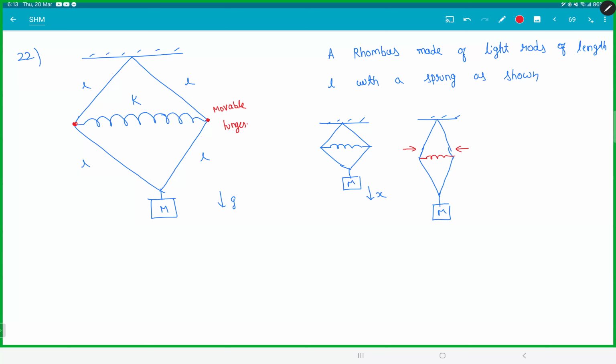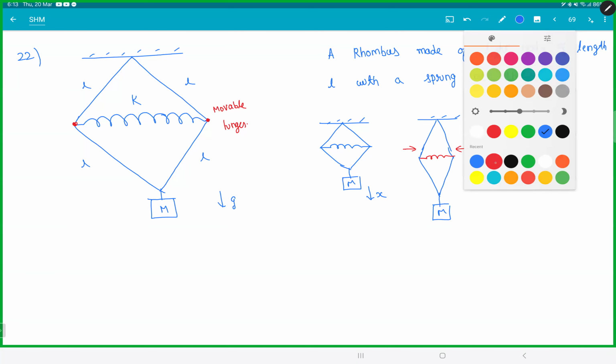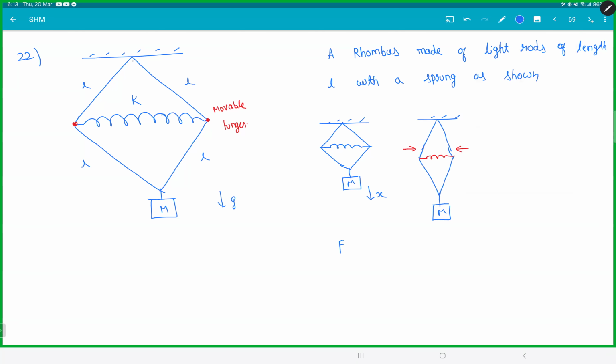So this will go up and down and the rhombus will compress and expand like this. Everyone is getting the shape, how it is moving. Find time period for small oscillations. This angle is theta, this angle is theta, so half angles are theta there. Again, small oscillations because I don't want the angle to change. If the block is pulled down by X and released, find time period.